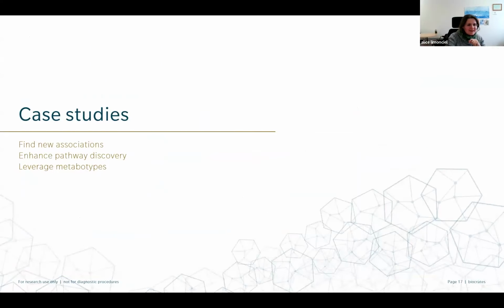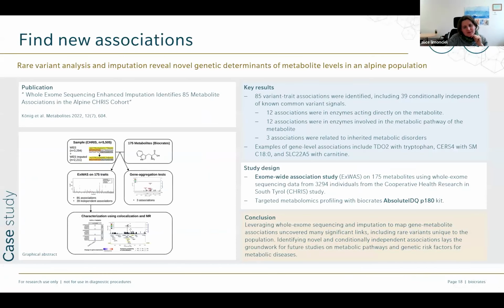I'm a little bit short on time, I realize, so I'm gonna go relatively quickly through the case studies, and please don't feel like you have to read all the text. Each case study brings something specific. The basic level is you combine omics, especially with genomics or epigenomics, because you want to find new associations. That's really one of the beautiful ways to use metabolomics for this.